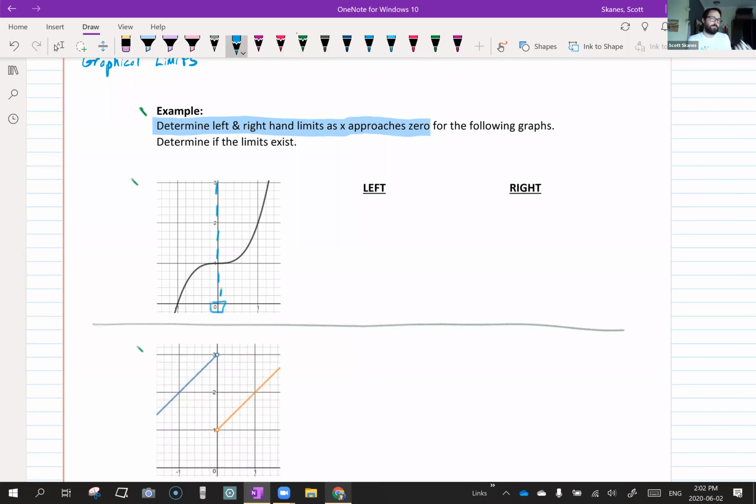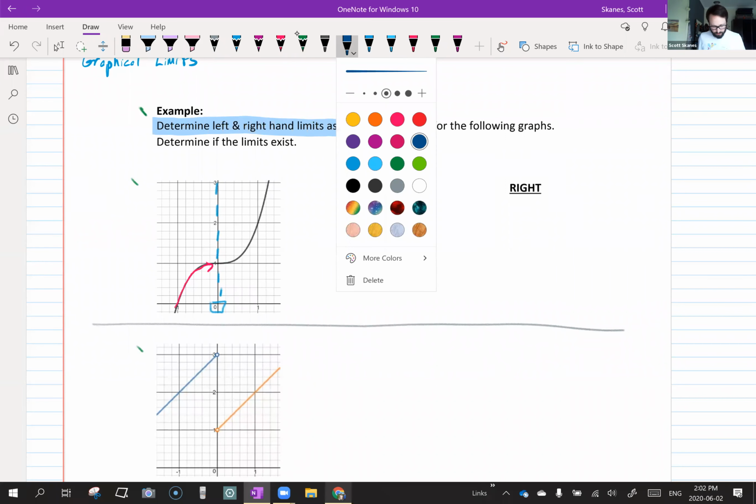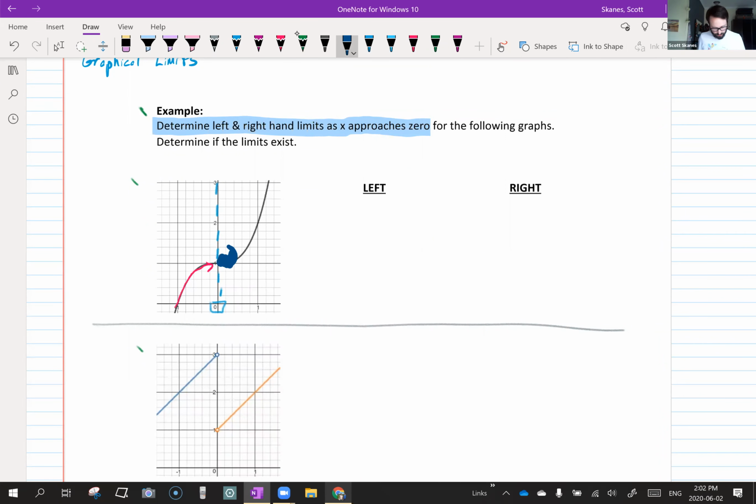Let's just use your pencil or your pen. From the left, just follow the curve. What value is it trying to get to? If you could only see, I'll do the cover up again. If you could only see the left side of the function, what value is it trying to get to?